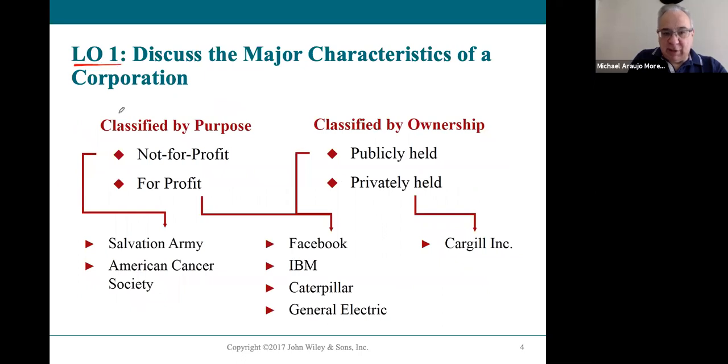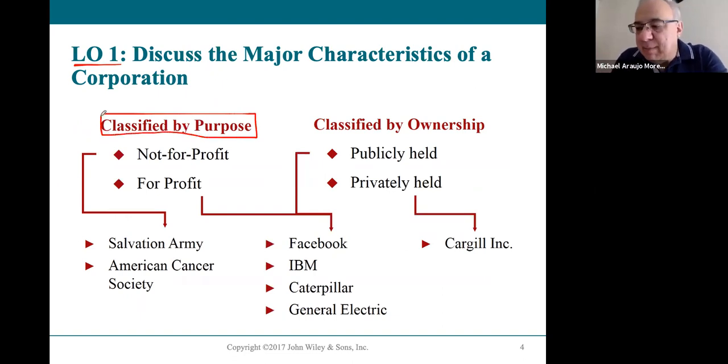So first you need to know, corporations are legal entities. They're created by the state. It's a process that you have to apply for to form a corporation, and that corporation has to have some type of a purpose.